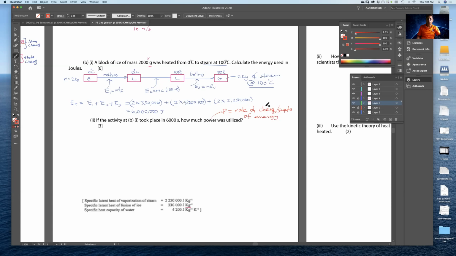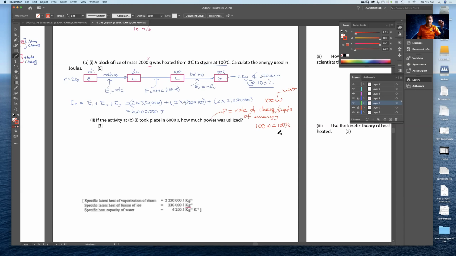Like a 100-watt bulb. We've all heard about a 100-watt bulb and a 60-watt bulb. The watt is the unit of power. A 100-watt bulb means that it converts 100 joules of energy every second, joule per second.